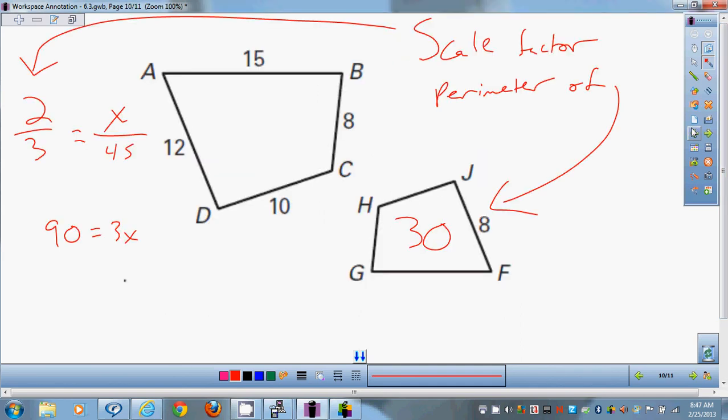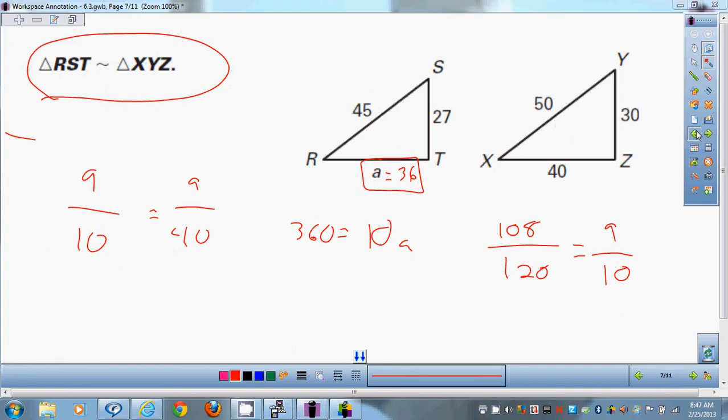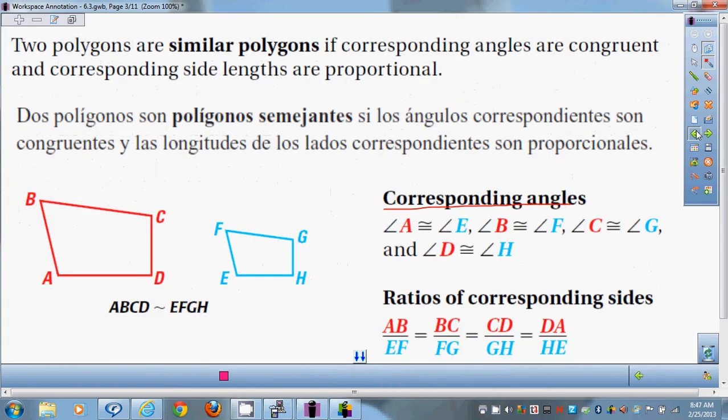You don't have to solve for anything. All you have to do is write the list.